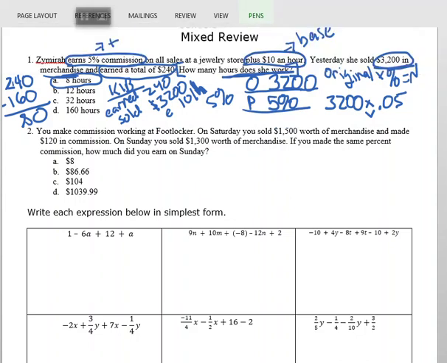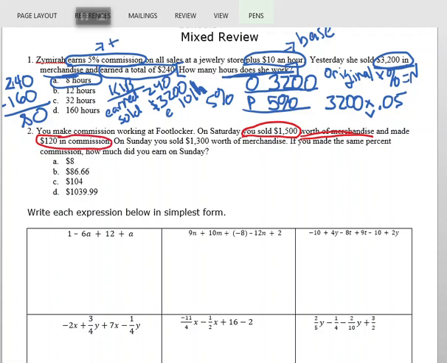All right. You make a commission working at Foot Locker. On Saturday, you sold $1,500 worth of merchandise, and made $120 in commission.